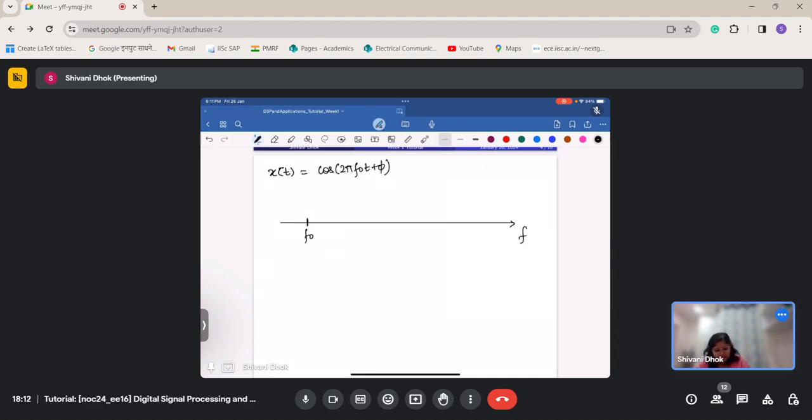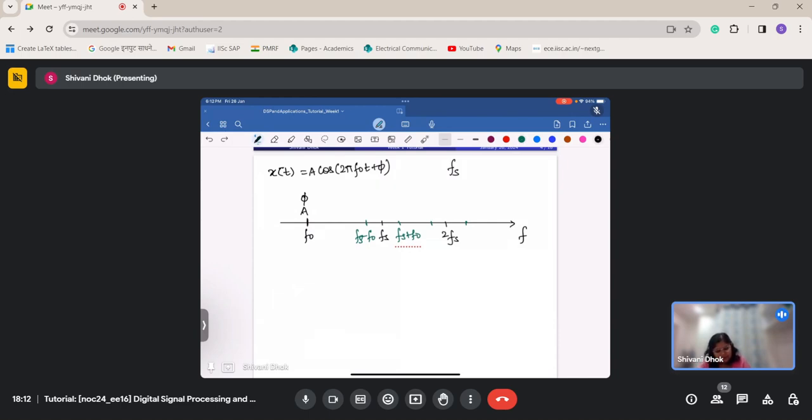Here I'll have a signal of amplitude a and phase phi, and when we are sampling it at sampling frequency of fs, let's say this is fs, this is 2 fs, then we will be having a component present at f naught, fs minus f naught, and fs plus f naught. Similarly here 2 fs minus f naught and 2 fs plus f naught, like that we'll be having these components.